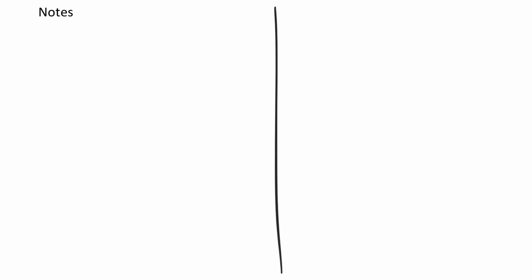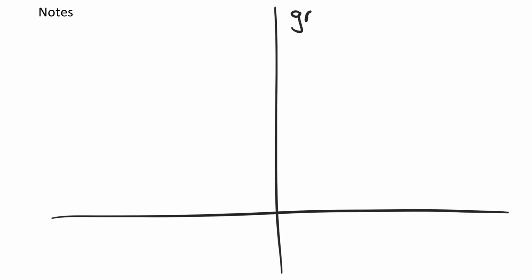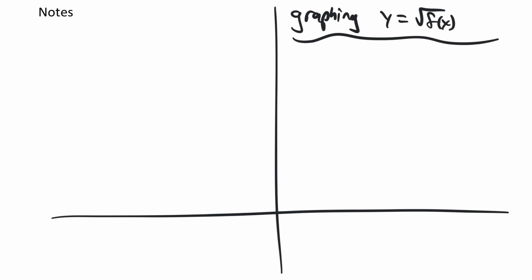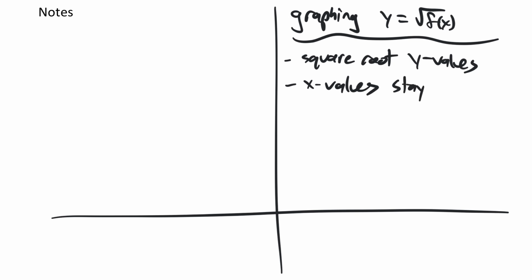Let's go ahead and take some notes. This is basically just a single concept, graphing y equals the square root of f(x). And so the steps here are you square root y values. X values stay the same.